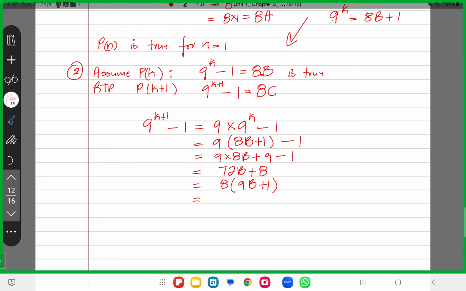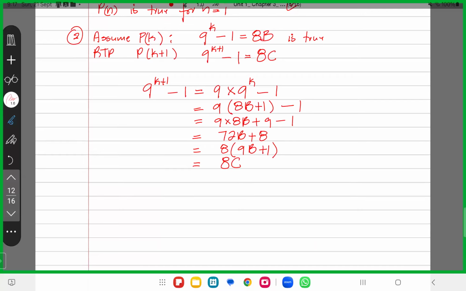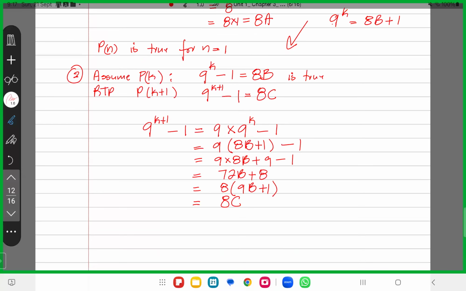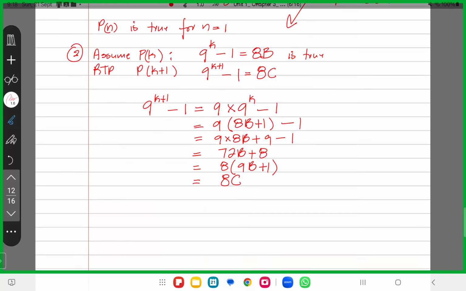And if you add 1 to that whole number, 9b, you're going to get another whole number. So 9b plus 1 is a whole number, and I'm going to call that c. So this is equal to 8c, where c is the whole number 9b plus 1. So now I just showed that 9 to the k plus 1 minus 1 is equal to 8c.